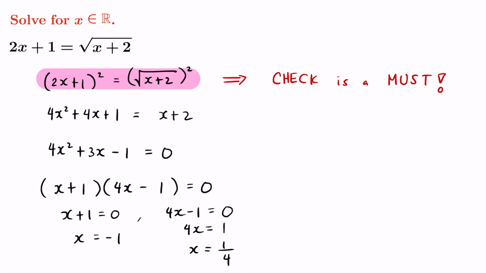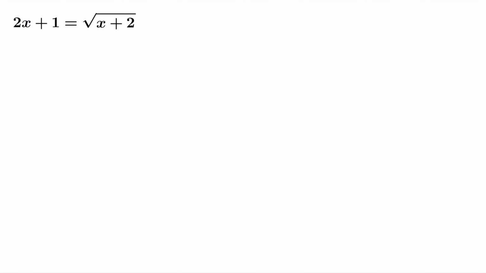Let's check it out. Let's check the first x value, x = -1. If we plug this -1 into our original equation, we get 2 times -1 plus 1 is equal to the square root of -1 plus 2.